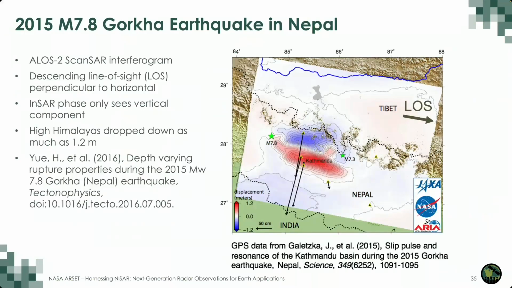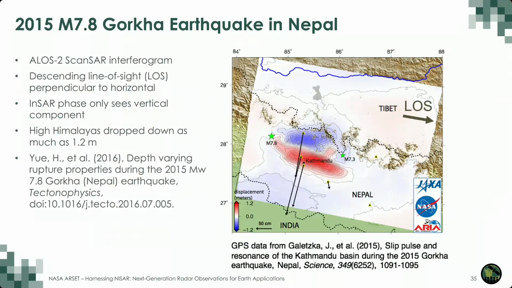It started at the location of this star here in an area near a town called Gorkha in Nepal, but it then propagated far to the east, past Kathmandu, and almost into eastern Nepal, a distance of over 200 kilometers.